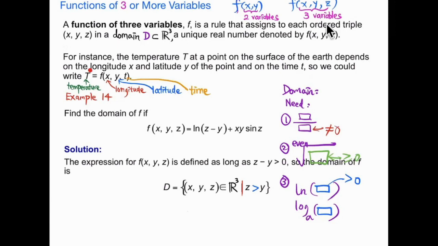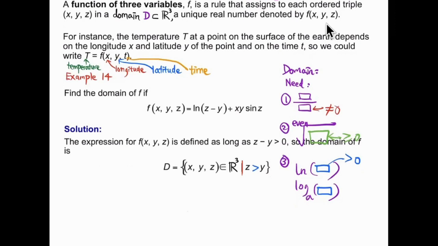So the temperature of a point on the surface of the Earth depends on the longitude and latitude of that point, and also depends on the time. So the temperature is a function of three variables, x, y, t. So that's an example of a function of three variables.